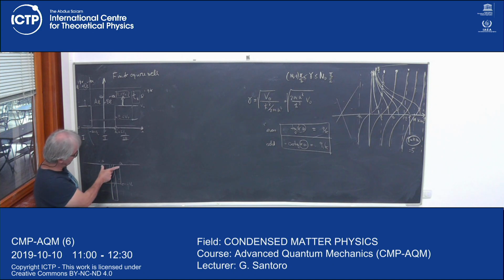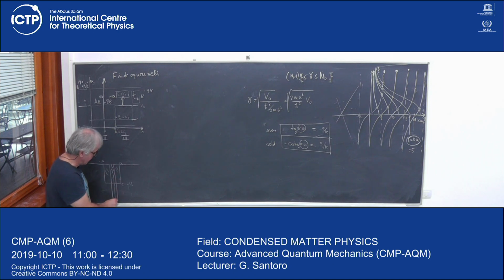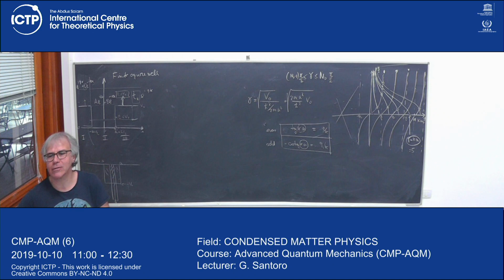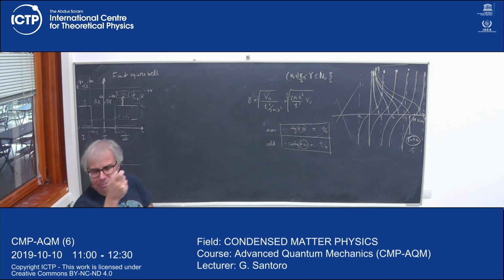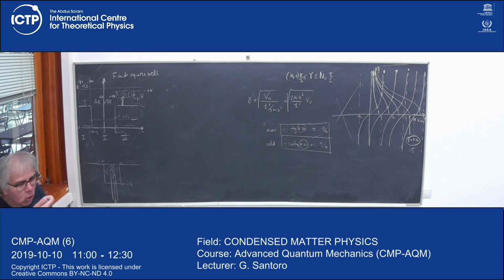So the area 2a times V0 is the same. In the limit in which a goes to 0, obviously the potential is 0 everywhere except for a delta function at 0. Because remember that the integral of a delta function is just 1. It depends on the coefficient in front, no matter how close you go to the 0.